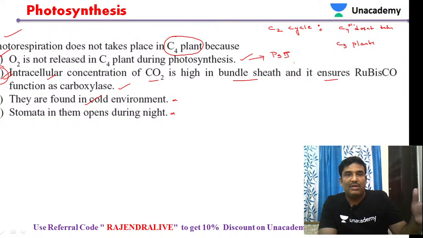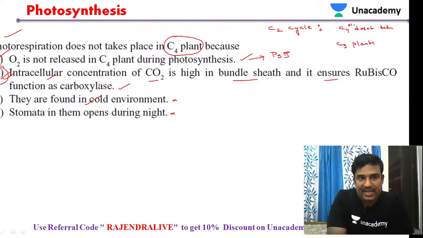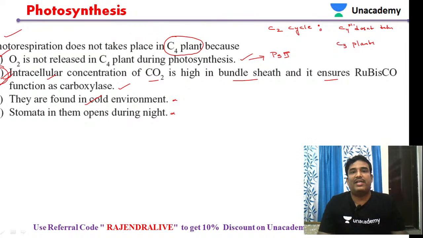But in the mesophyll cells, photosystem 2 is present, so there is a chance for release of O2 in the mesophyll cells of the C4 plant. That is the reason we take option B as the right answer. B will be the most relevant answer.